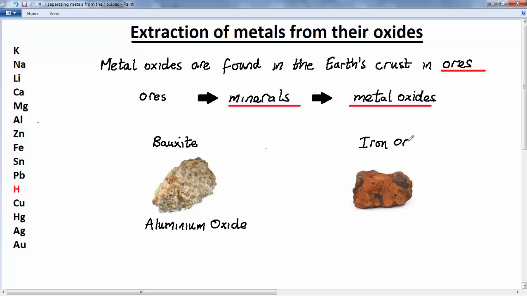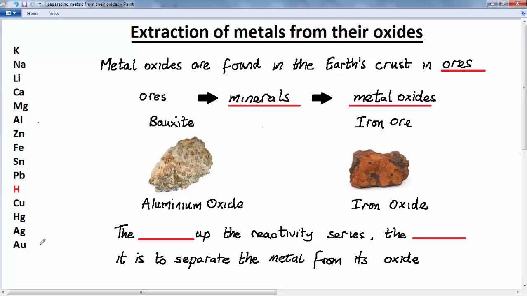That's what it's called, iron ore, and that contains iron oxide. Now, in later lessons we'll look at the industrial extraction of aluminium from bauxite and iron from iron ore. But in this particular lesson we're going to address the question of how we separate the metals from their oxides as a general rule.